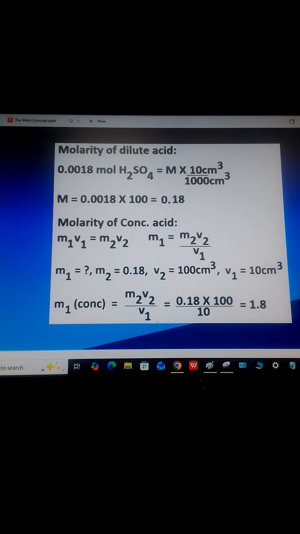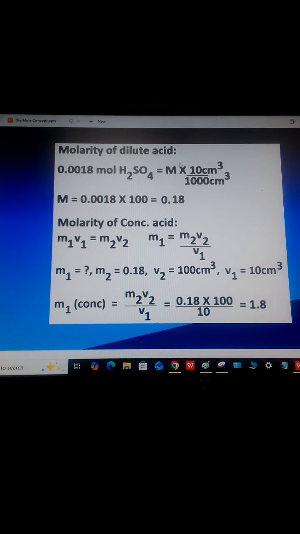Next, we find the molarity of the dilute acid. Because we have the number of moles of the dilute acid, and we have the volume used, these moles in the dilute acid are equal to its molarity times volume in liters.